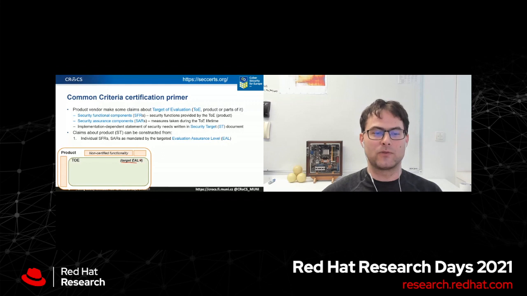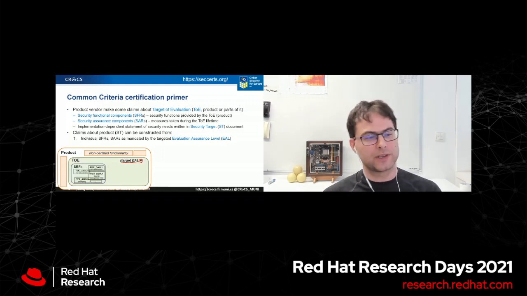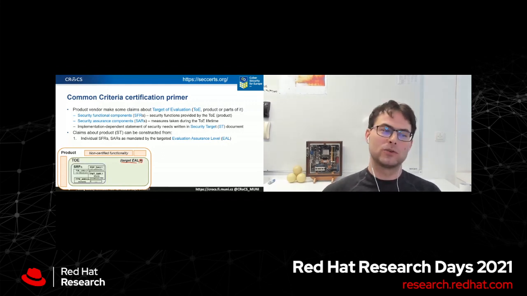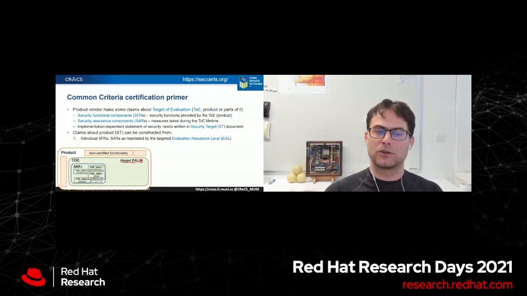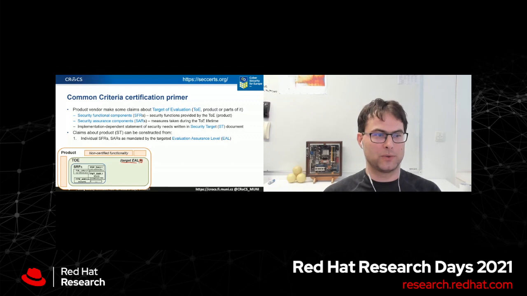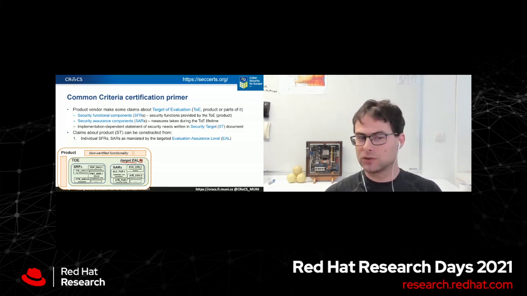In this case, it's 4, and then you say, okay, I'm able to offer user authentication and anonymity, security management roles, and so on. These are security functional components. Also, you show what measures were taken during the development. So you again pick a bunch of these, and then you went to the laboratory and showed that it's all true, and then you got certified.